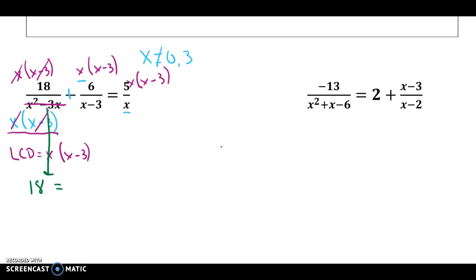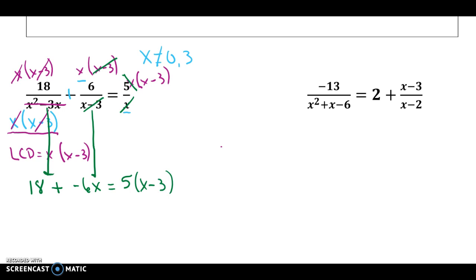In my second fraction, the numerator of x minus 3, because remember, it's in a numerator spot, is going to take out the denominator of x minus 3. So what's left from this fraction, sorry, this should not be an equal sign, it should be a plus sign, that's what's connecting them, is a negative 6 with an x, and they're multiplying. And then here comes my equal sign. And in my last fraction, this x will take out this x, so I'm left with 5 and x minus 3. And now the problem is much more doable.